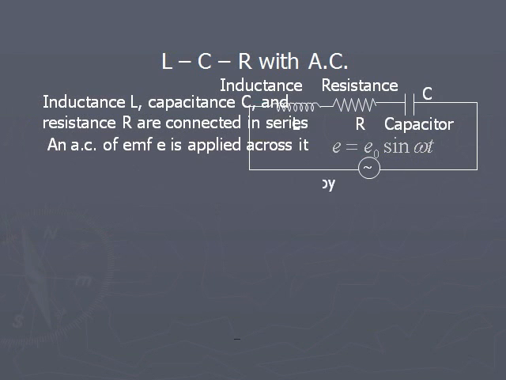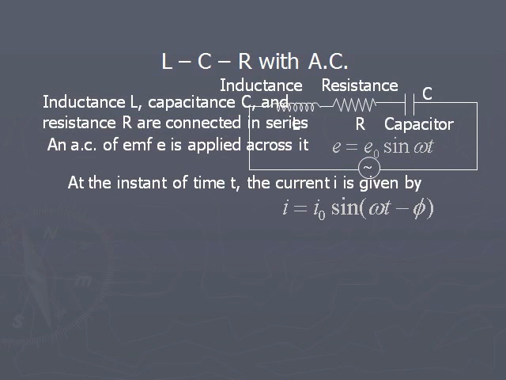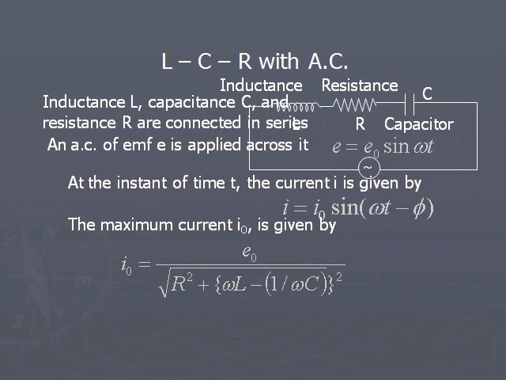The alternating EMF is given by E = E0 sin omega t. At the instant t, let I be the current in the circuit and Q be the charge on the condenser. Then the current is given by I = I0 sin(omega t minus phi).